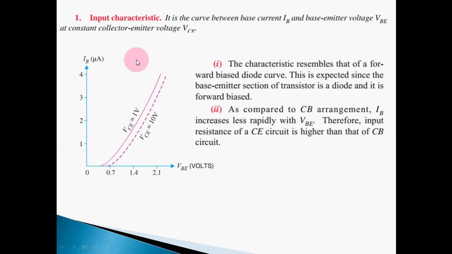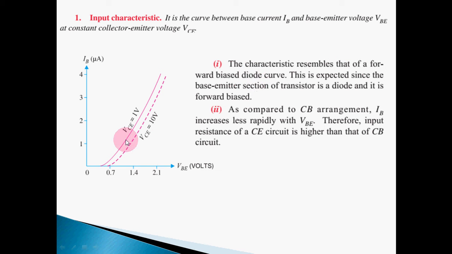So this is a graph relation between IB, the input current, and VBE, the input voltage, with respect to VCE, the output voltage. This input characteristics has only 2 points. Number one, the characteristics resemble that of a forward biased diode curve.